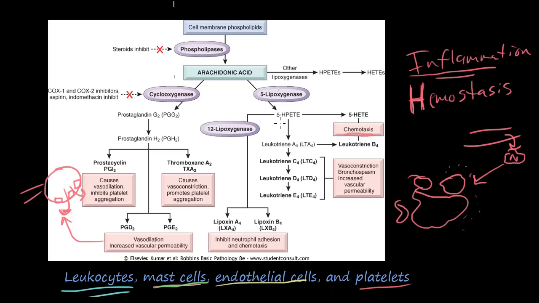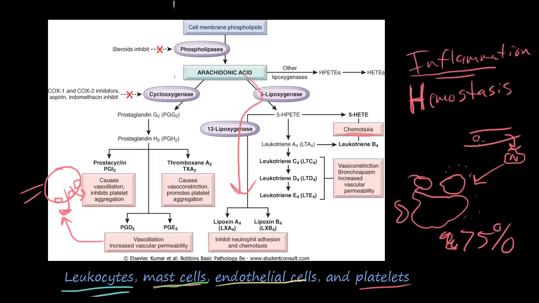So once these leukocytes, because remember, the leukocytes, mast cells, endothelial cells, and platelets are responsible mainly for these pathways here. Once the leukocytes start cleaning up the mess, let's say this is 75% taken care of, if you will, these leukocytes will start using this pathway and start producing these chemicals, and these chemicals will inhibit these neutrophils.